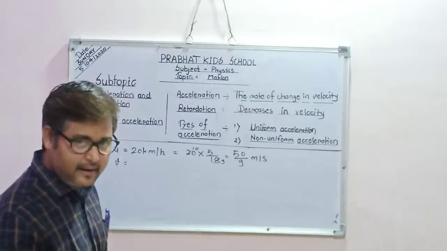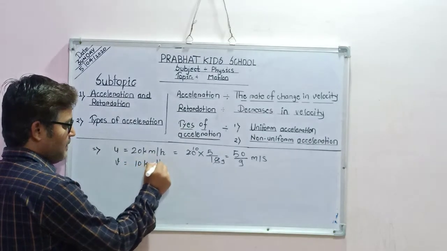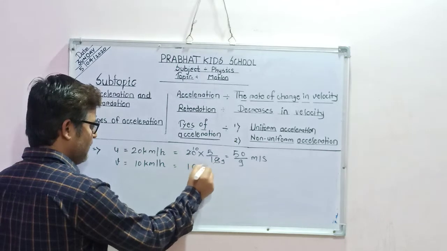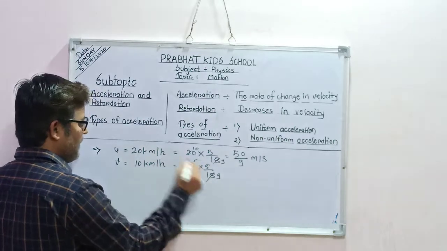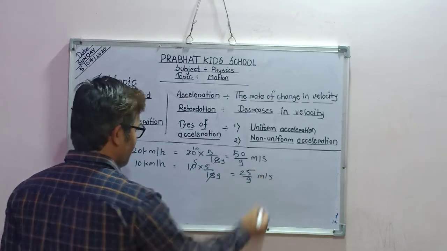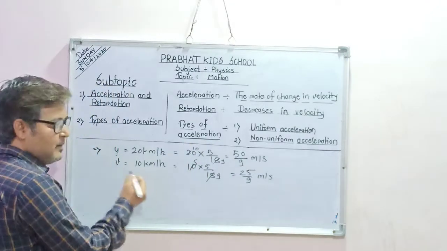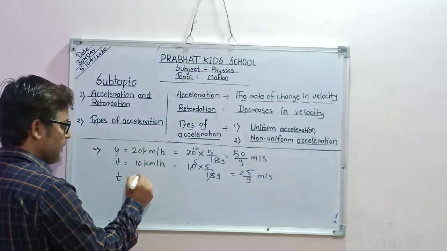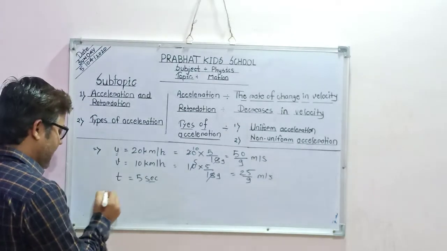Here my velocity decreases, so my velocity is 10 kilometer per hour. Again I am converting this, 10 into 5 by 18, the answer is 25 upon 9 meter per second. What is my U? 50 upon 9 meter per second. What is my V? 25 upon 9 meter per second. And time interval T? 5 seconds.